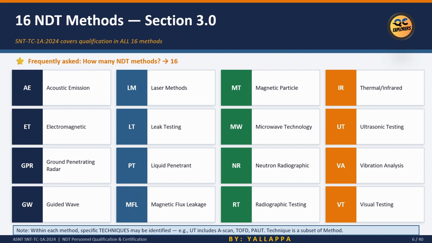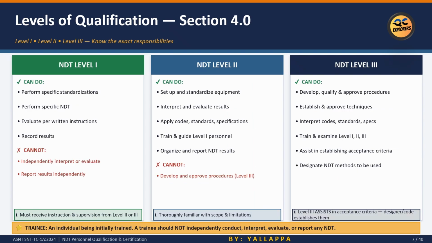Remember, techniques exist inside methods. For example, UT includes PAUT, TOFD, and thickness measurement techniques. Let us understand the responsibilities of Level 1, Level 2, and Level 3 personnel.